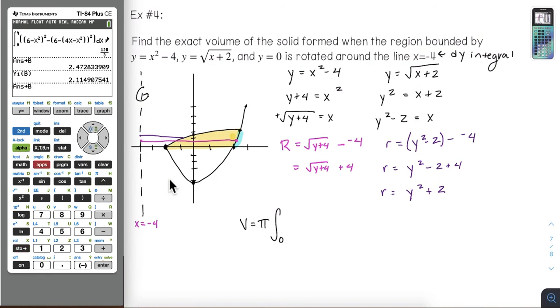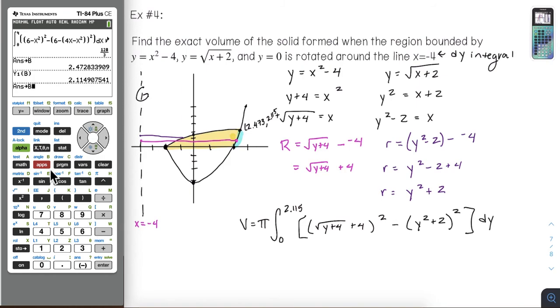So they intersect at 2.473, comma 2.115. So we're going to do 2.115, and then it's our outer radius, so the square root of y plus 4 squared minus the inner radius squared, and then dy.